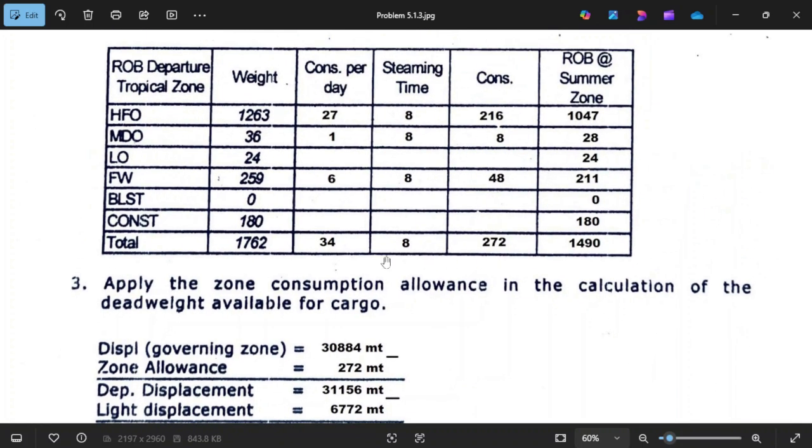You apply this 272, which is your zone allowance.